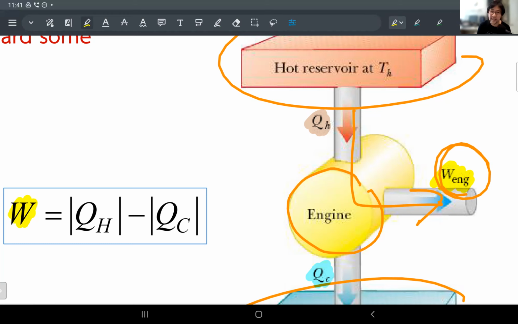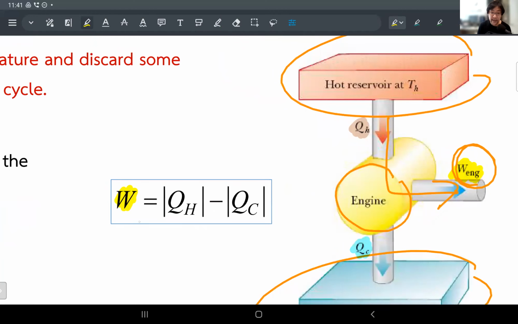Does it sound easy enough? It's conservation of energy. So the amount of work the engine can do is just the difference. I put the absolute sign in so we don't have to worry about the sign of the heat at this point. The energy that flows in, minus the energy you have to discard, is just the amount of work that you collect and do something useful with.